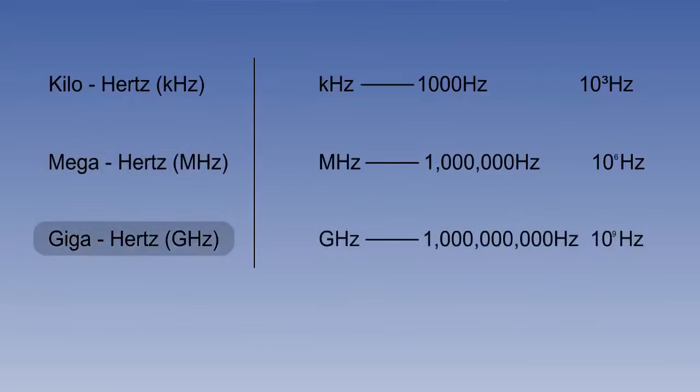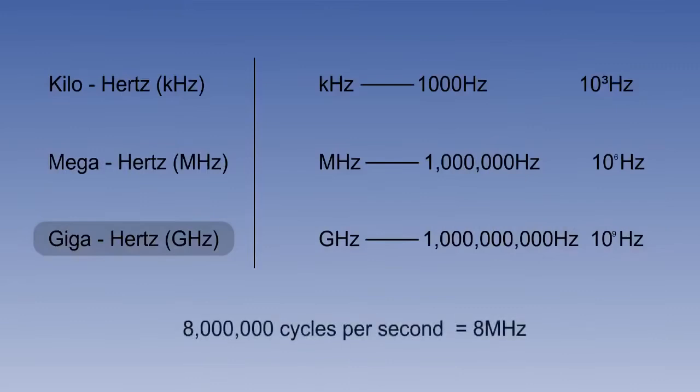Gigahertz are units of 1,000 million cycles per second, that is, 10 to the power of 9. So instead of saying that a radio wave has a frequency of 8 million cycles per second, we can now say that it has a frequency of 8 megahertz, written as you see on screen.